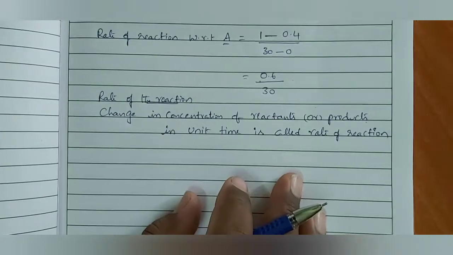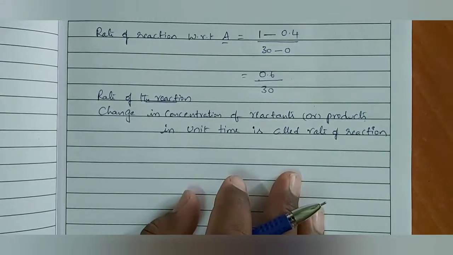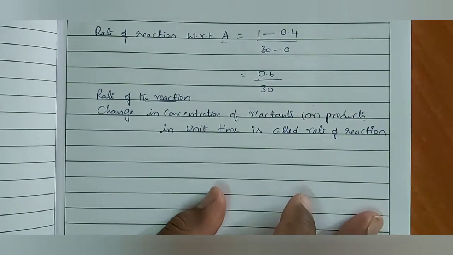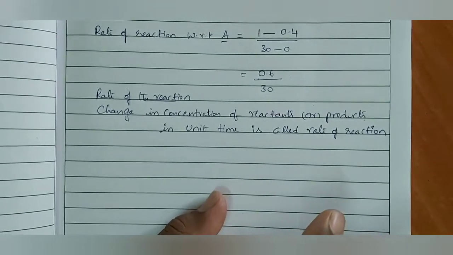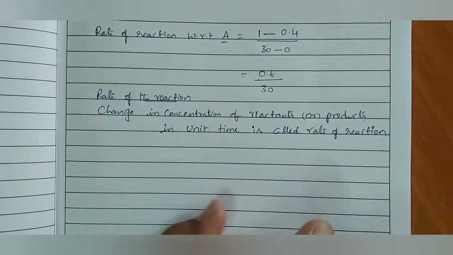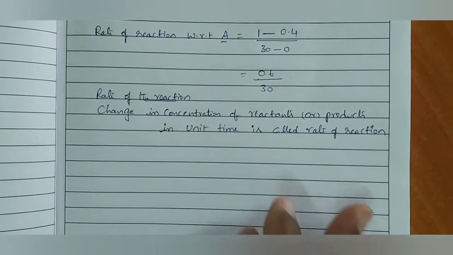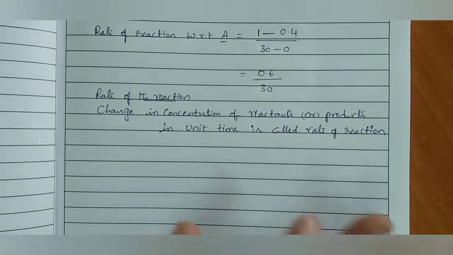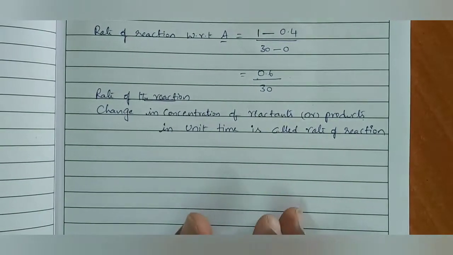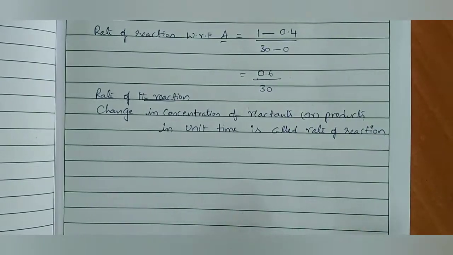Not only this, in physics also you might have seen that. What is the definition of acceleration? Rate of change in velocity is called acceleration. I think you might have written final velocity minus initial velocity, or initial velocity minus final velocity, divided by initial time minus final time, like that.